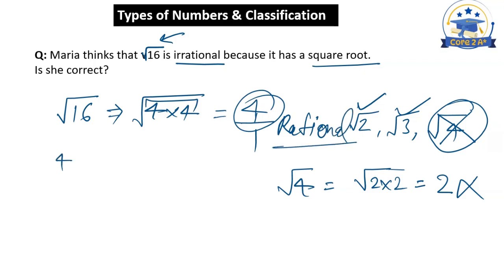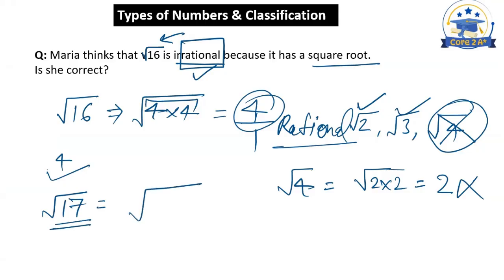So this is rational, not irrational. But if we talk about 17, we don't have any pair which gives 17. So it means the square root of 17 would be irrational, but not 16.